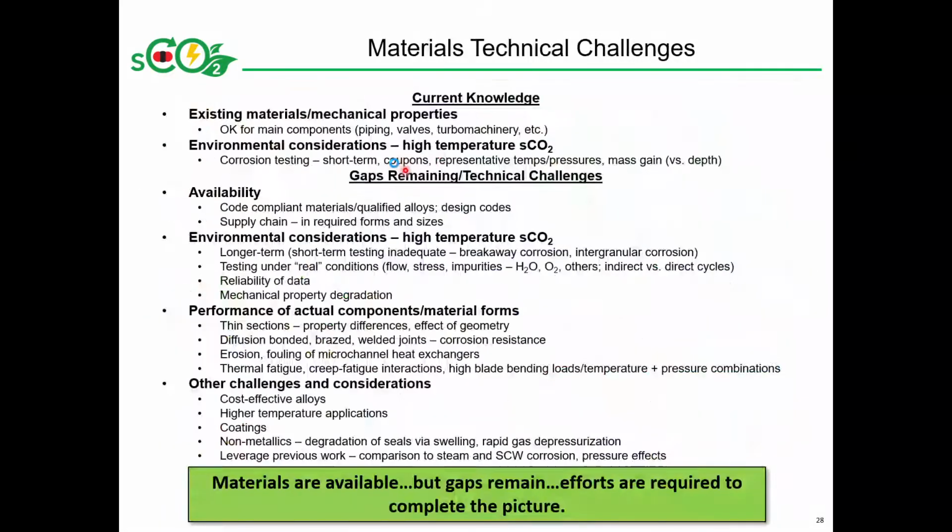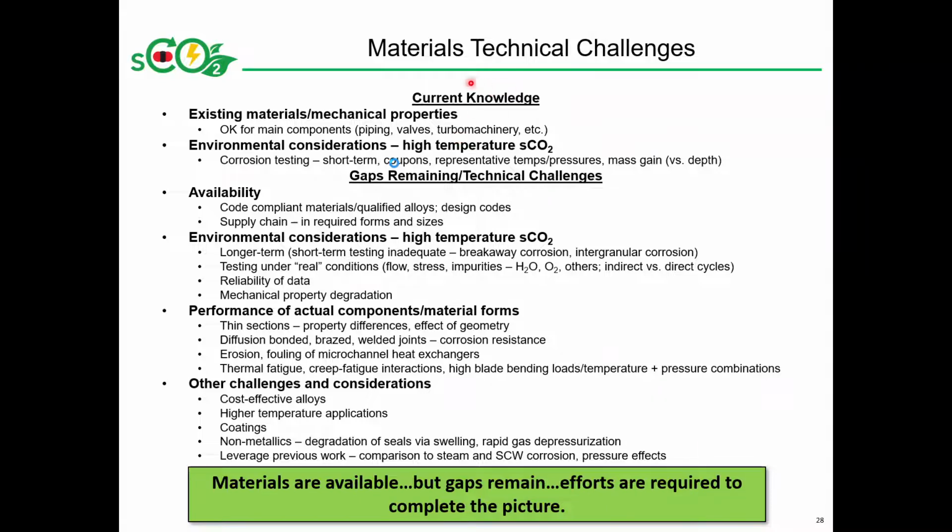So now if we start getting into the materials technical challenges that we've identified, this slide highlights them all, and it breaks it up into two, and maybe the terminology for the knowledge and the gaps is perhaps a little bit dated now.